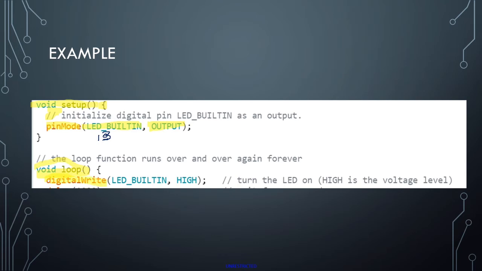Make sure you capitalize the W. I'm going to use my LED_BUILTIN nomenclature, again interchangeable with 13 because it's connected to pin 13. And then HIGH. This HIGH command is just going to turn the LED on. If I had this set to LOW, it would turn the LED off. And that's how we can use digitalWrite in a program.